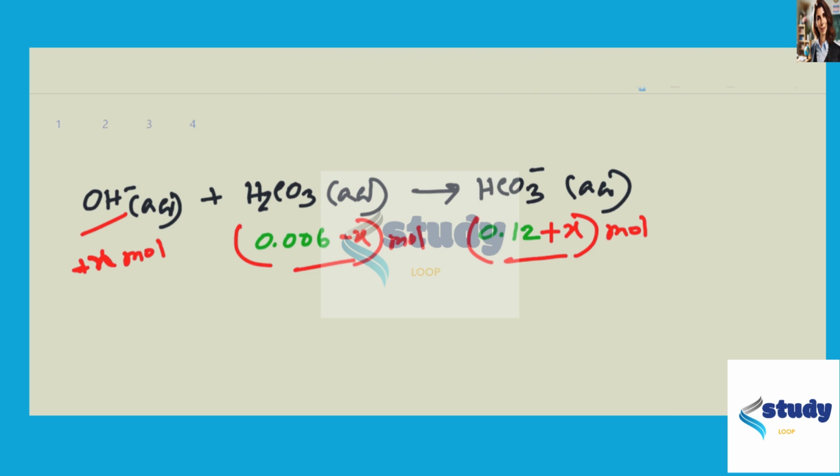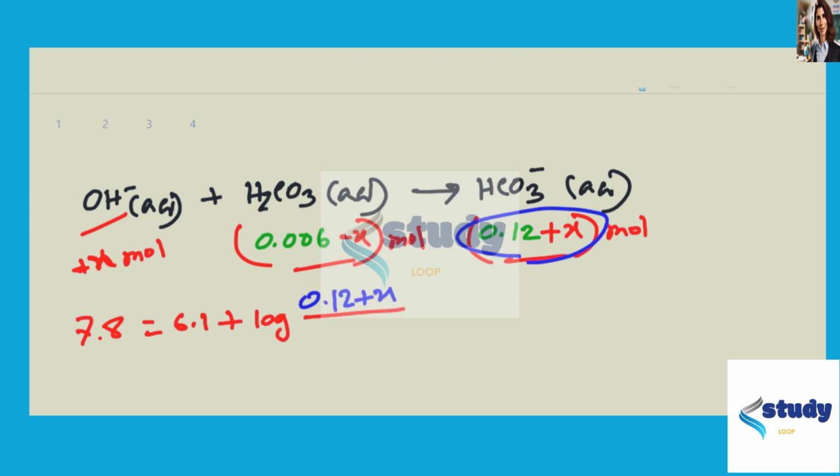Now we just plug in these values again in the Henderson-Hasselbalch equation, and in this case our pH limit is 7.8. So pH equal to pKa value here, 6.1, plus log of our number of moles of base, 0.12 plus x, over number of moles of acid, 0.006 minus x.